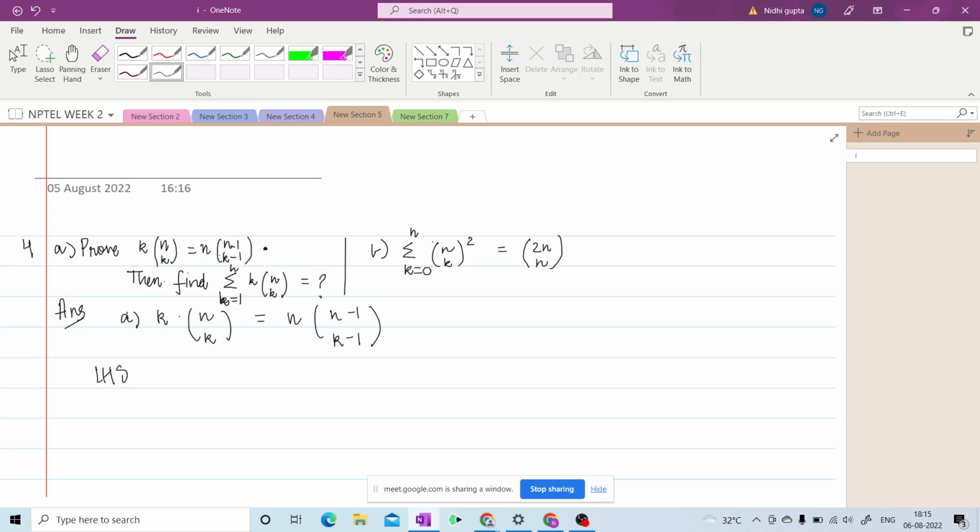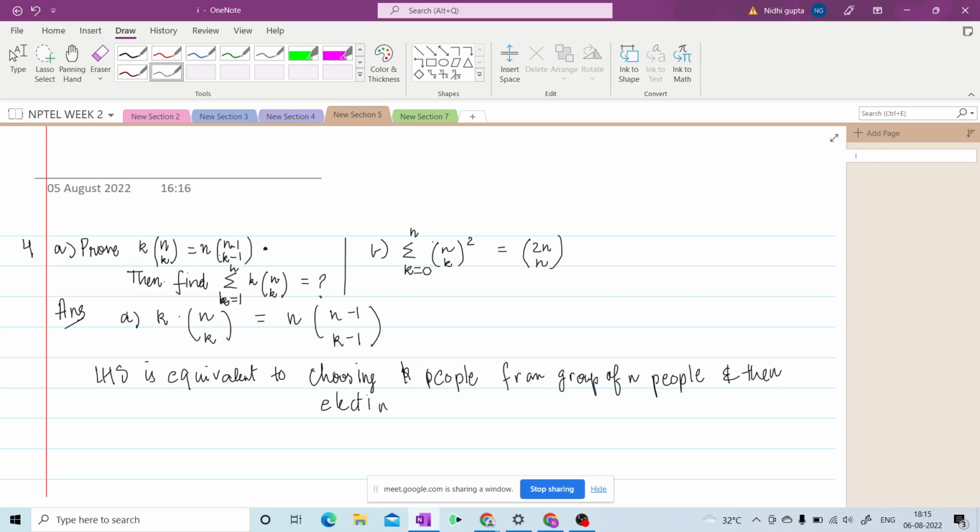Can we not say that the LHS is equivalent to choosing k people from a group of n people and then electing a group leader? n choose k means we are choosing k people from a group of n people.